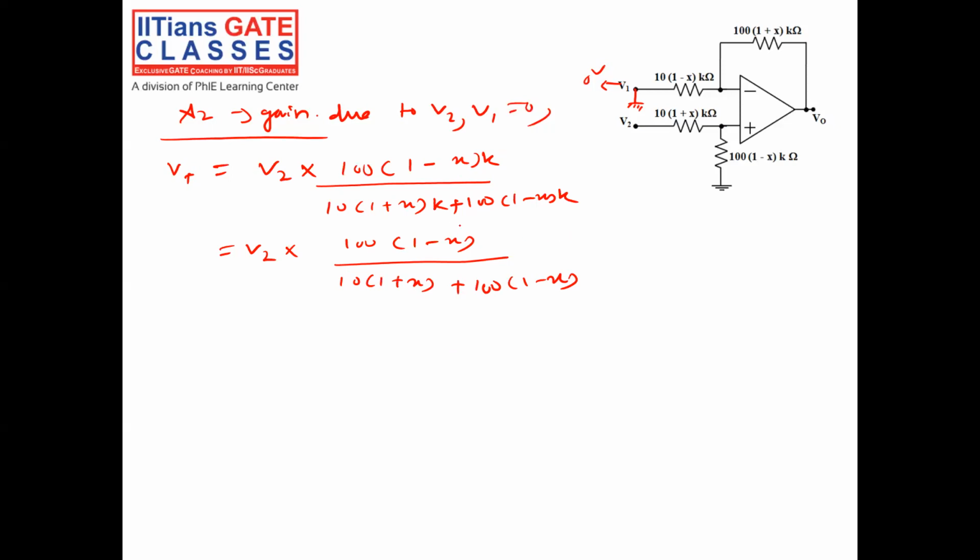If I put x equal to 0.25, I get 100 into (1 minus 0.25) divided by 10 into 1.25 plus 100 into (1 minus 0.25), which is 0.857, times V2.